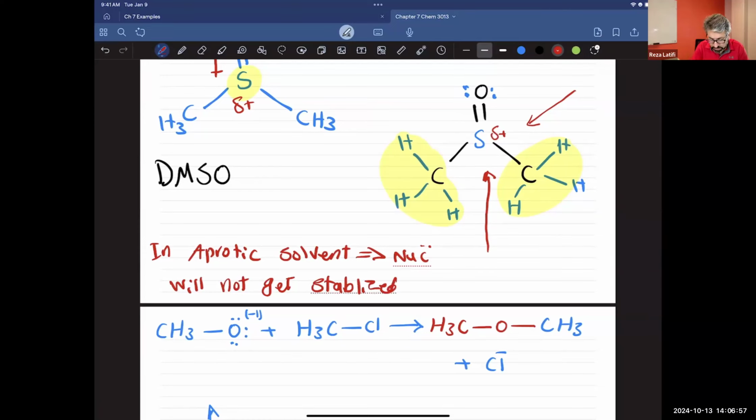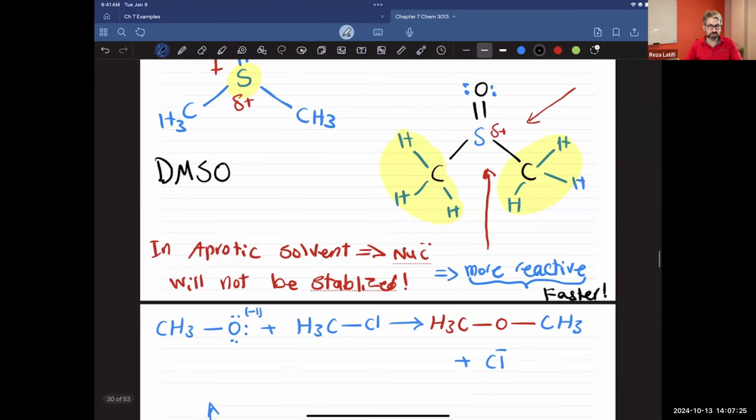It will not be stabilized. And because it doesn't get stable, it will be more reactive. More reactive means the reaction will be faster. So you get a faster reaction.